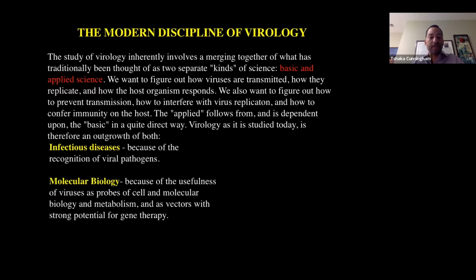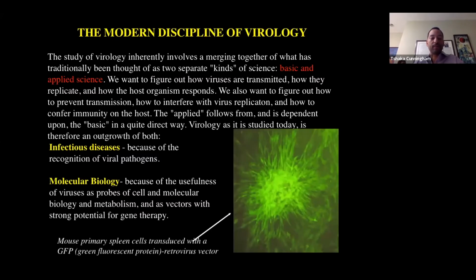The technique that you guys learned in the lab, they use it based on viruses that they know. So for example, this new coronavirus is called SARS coronavirus 2019, or SARS-2. A lot of researchers are calling it SARS-2 because it looks kind of similar to SARS-1 at the genetic level. It's about 80% similar, right? So we use these disciplines of infectious disease and molecular biology to help us understand viruses.